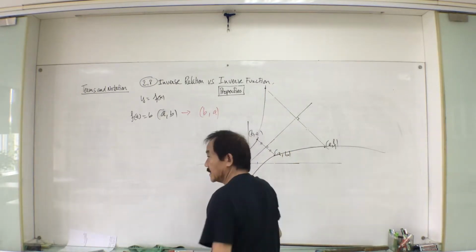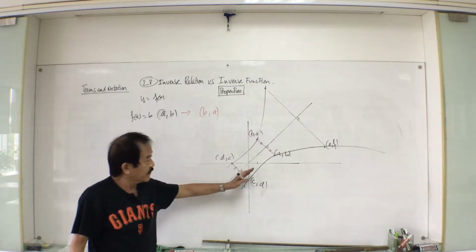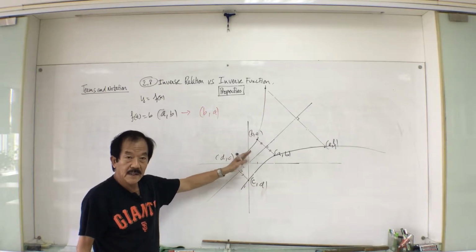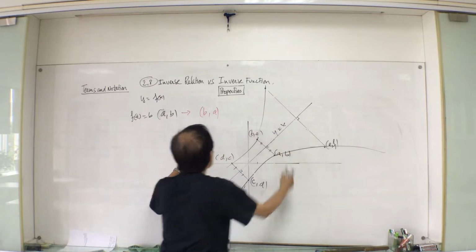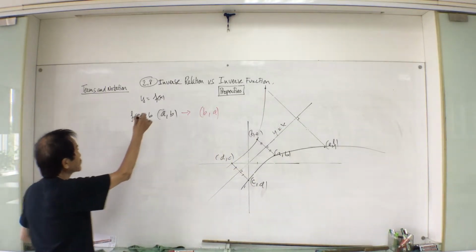So you see that. The conclusion is that the function and its inverse reflect across the line y equals x. That's the property.